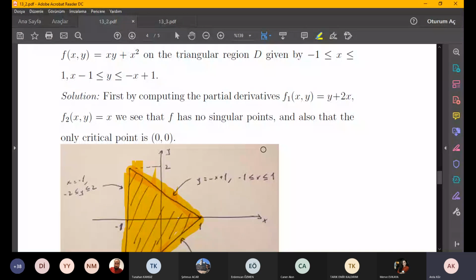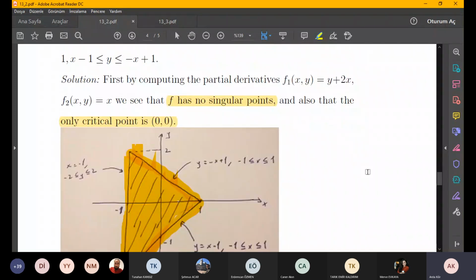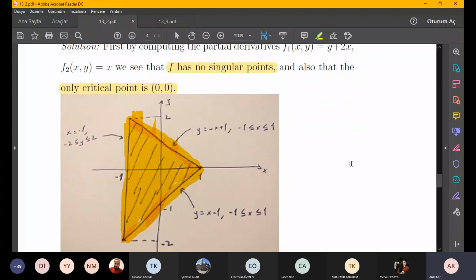It is only at the origin, and where it is not defined, it is defined for any x,y on the xy plane, so it has no singular points. That means this is the only point that we will compare with the others, where f(0,0) is 0. So this is the critical point.